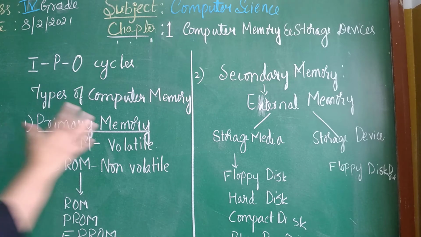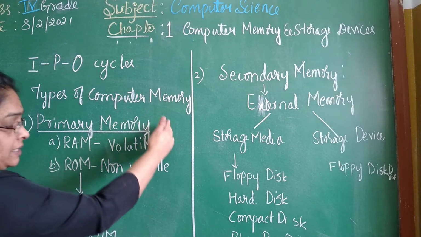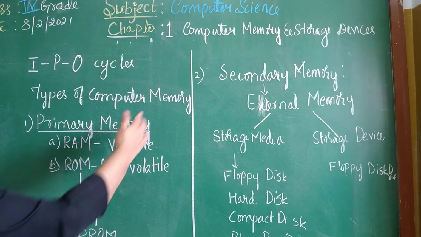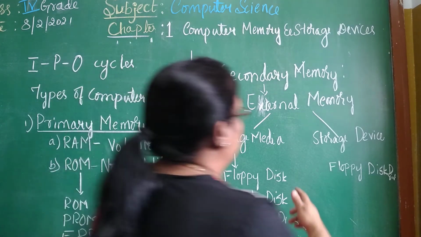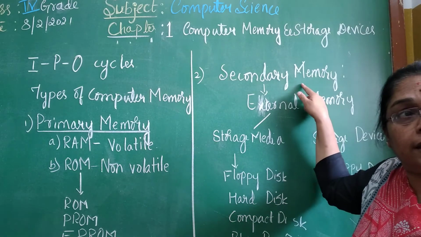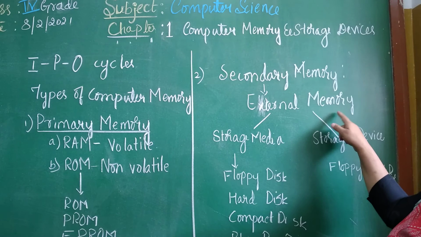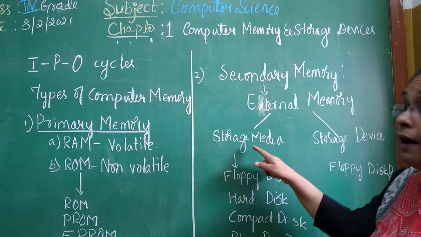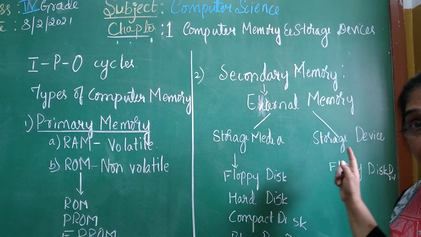Like our brain, we are limited to this one. Our brain is also limited to some extent of memory only. This is primary memory or internal memory. The other one is external memory or secondary memory. In this secondary memory, we have divided it into two things: storage media and storage device.